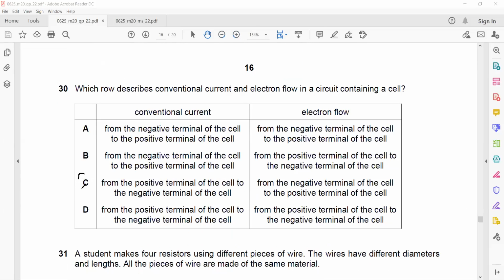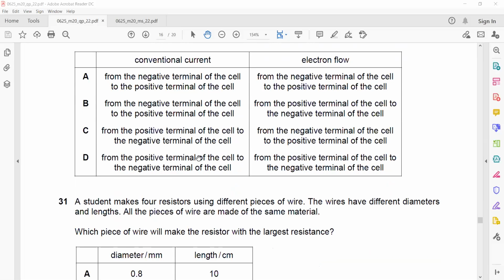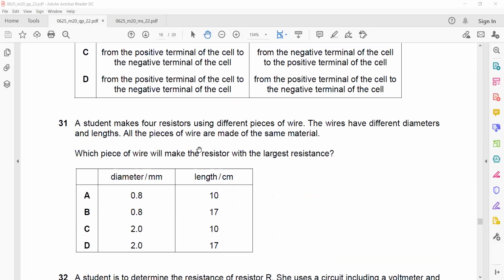The conventional current assumption is that it flows from positive to negative. In reality, the electrons are moving from negative to positive. But in the exam, if they say show the direction of the current, they always mean the conventional current, unless they ask in the question to mention the electron flow.